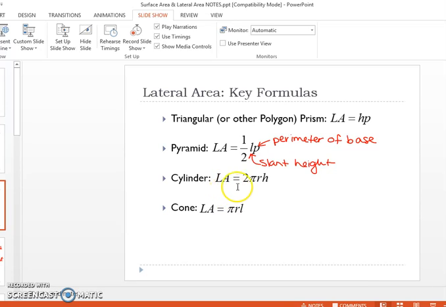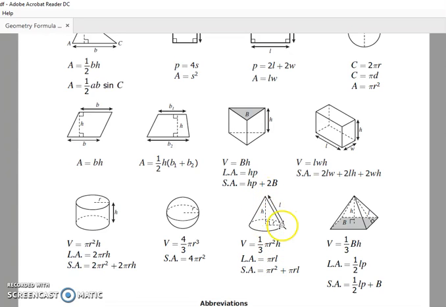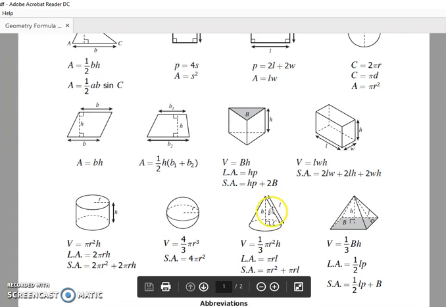Cylinder, lateral area is 2 pi R H. This is a cylinder right here, 2 pi R H. That's just the lateral side area, not the bases. And then a cone, lateral area is pi R L. L is the slant height, the side is the L, and pi R is the radius part.